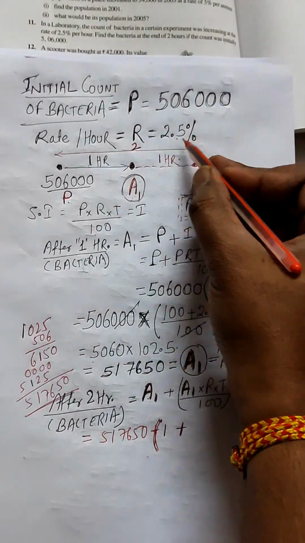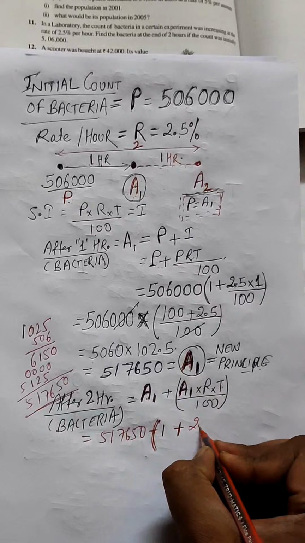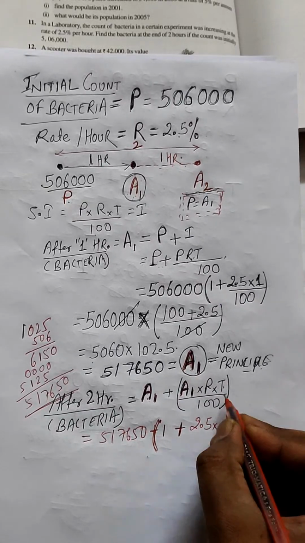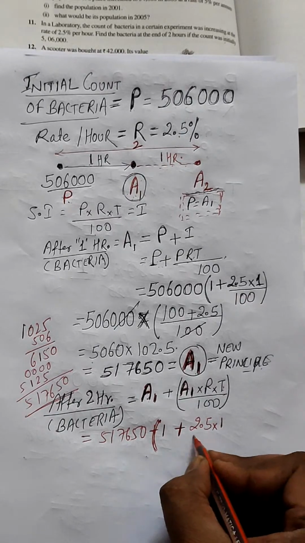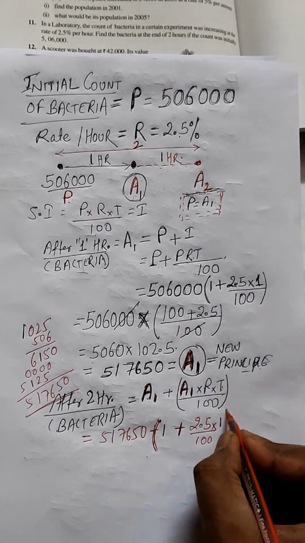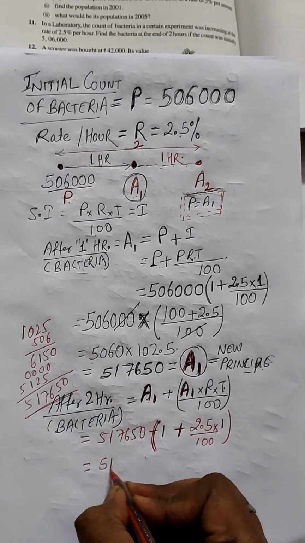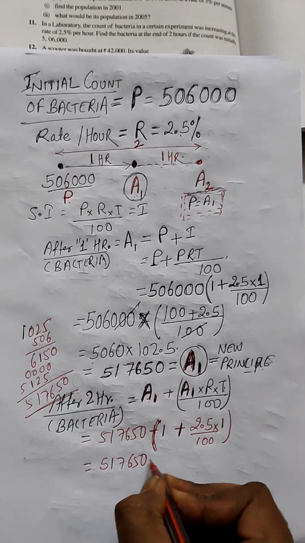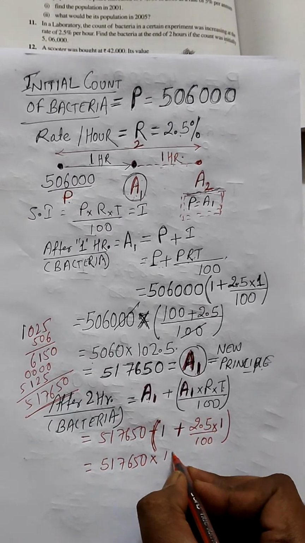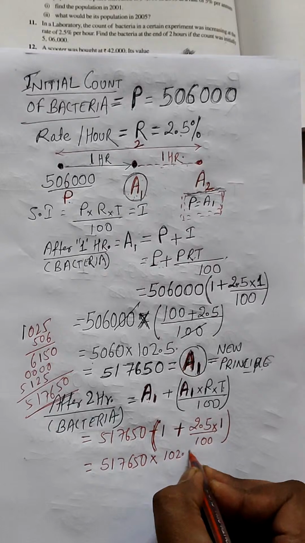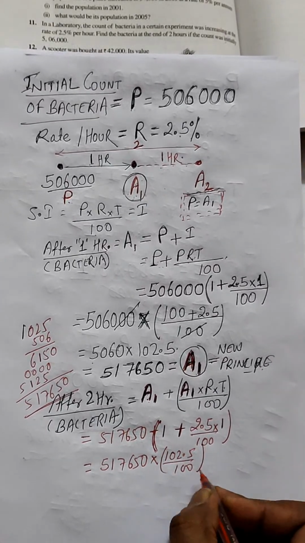Rate will be again 2.5% for this second hour, time is 1 hour. So this will give you 517650 into, after taking the LCM and adding 2.5, 102.5 by 100.